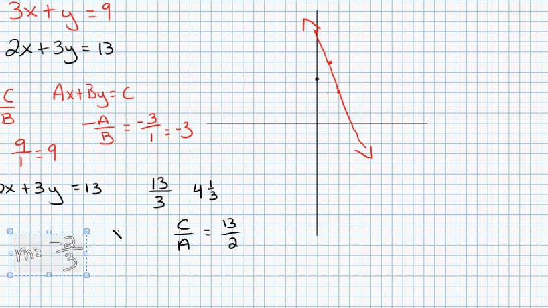Let's label this x-intercept, in case you don't remember it from the last video. Our x-intercept is 13 over 2, or 6.5. So if I plot that on my graph, so 1, 2, 3, 4, 5, 6.5, is right about here.